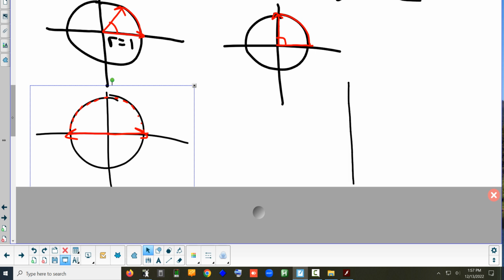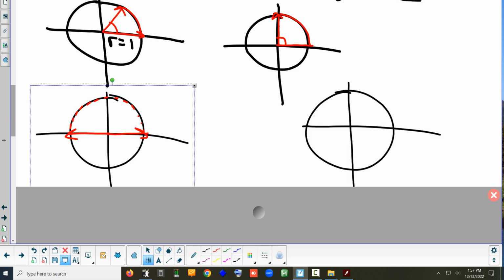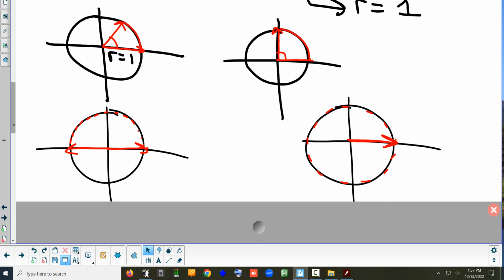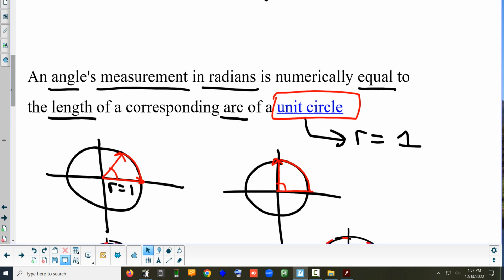So now let's go even bigger. Let's say my initial side is here, and my terminal side is right there. So how big of an angle do I have this time? 360. I want to know what that is in radians. But there's something else I can measure that'll tell me how big that is. Instead of measuring the angle, let's find the length of the arc.